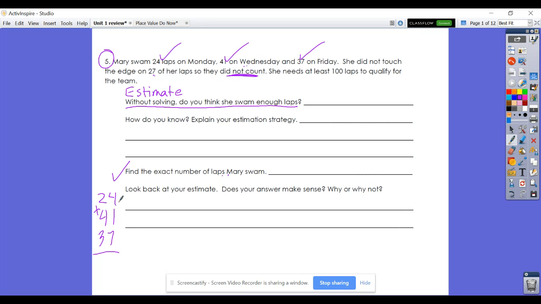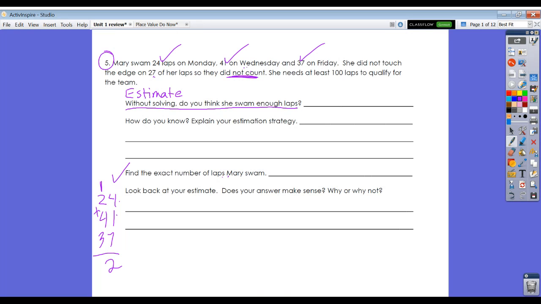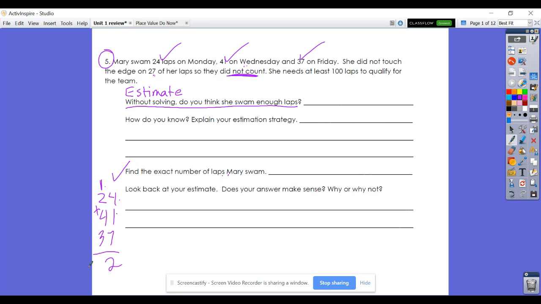So 4 plus 1 is 5, plus 7 is 12. Put down my 2, regroup my 1. 2 plus 1 is 3, plus, I might do 3 plus 6. Yeah, 3 plus 3. That's what I was thinking, CS. 3 plus 3 is 6, plus 4 is 10.